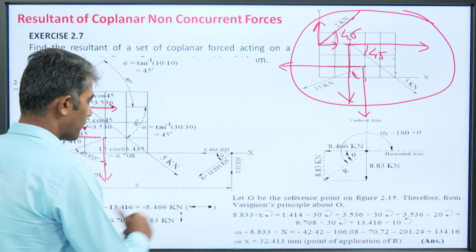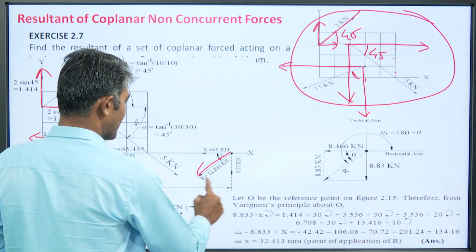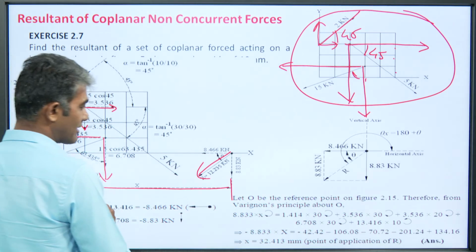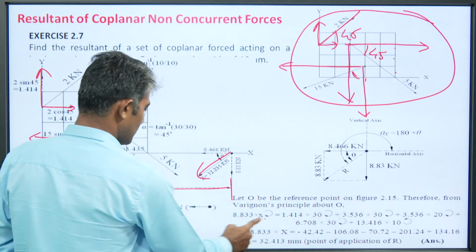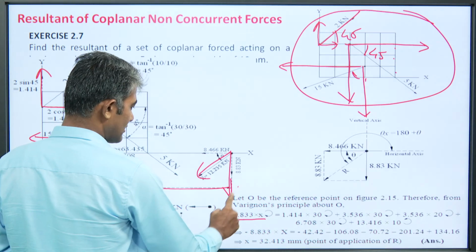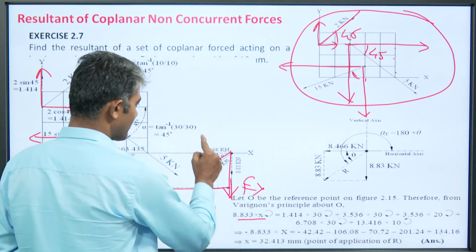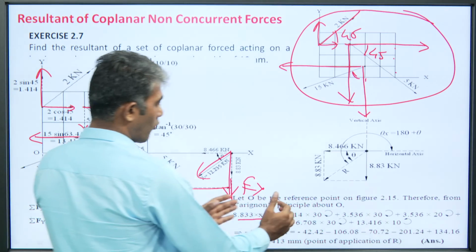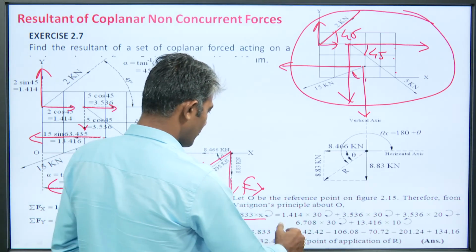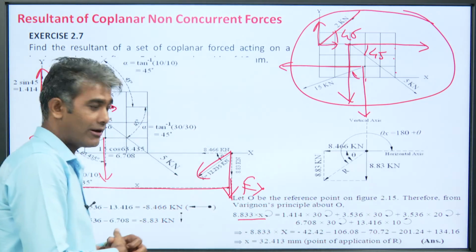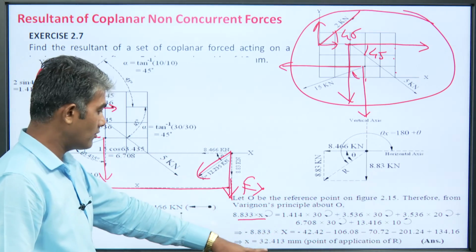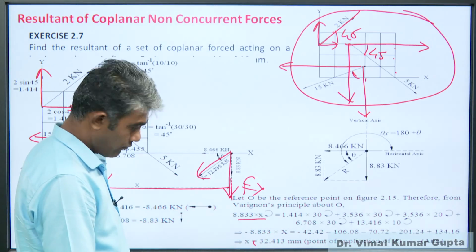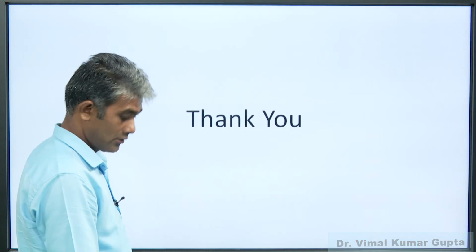Suppose this is the resultant R acting at a distance x. The components of the resultant are Fy and Fx. So Fy into x equals the summation of moments due to all component forces, taking clockwise or anti-clockwise direction as positive or negative. The value can be calculated: x is equal to 32.413. Okay, thank you.